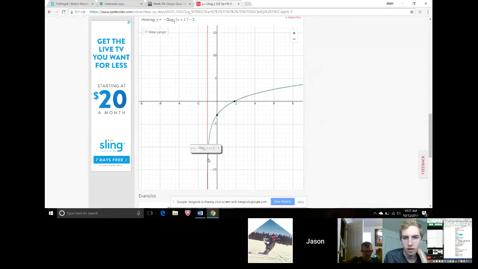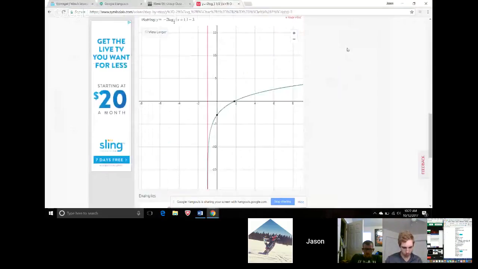I thought it was growth. I thought you always read graphs from left to right. So wouldn't that be growth from here? Did you put the negative in front of the 2? Yeah, that's what I thought. It was the negative or positive right there in front of the 2 that made it growth or decay. Oh, you guys are probably right.